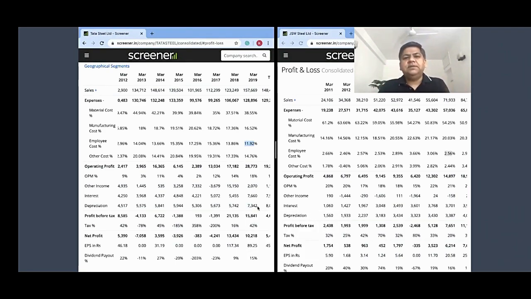So this is the path you have to take when you are going to do any value investing, when you are going to do standalone analysis and relative analysis as well, between one company and its peers and competitors. Well, on this note, I'll close this profit and loss statement class, and obviously we will take more examples in the doubt clearing session, when we have a doubt clearing session on fundamental analysis with you, right?